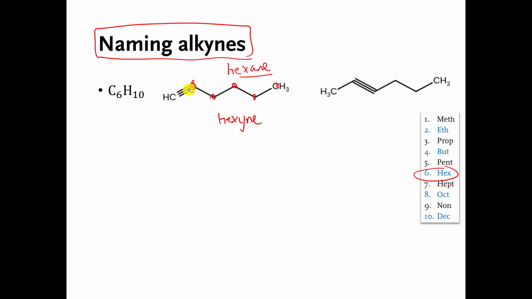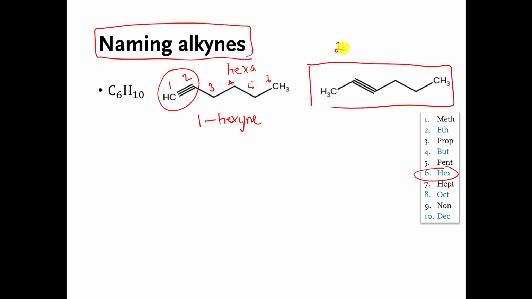Same thing, we number the carbons from whatever end makes us hit the triple bond first. So 1, 2, 3, 4, 5, 6. And we tell people what carbon the triple bond starts at. It starts at number 1. So that molecule would be called 1-hexyne. This one over here, 2-hexyne.